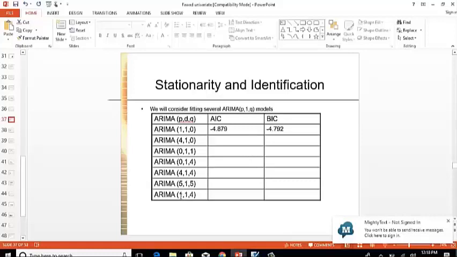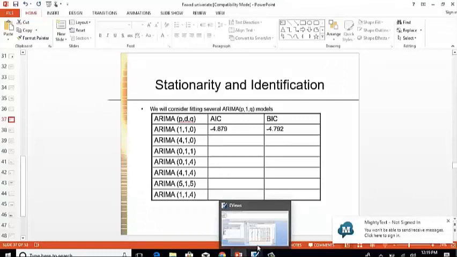This indicates AR1 MA4. So you write down each and every equation's AIC and BIC value, meaning the Schwarz value. Out of all of these, if the AIC value is the smallest and the BIC value is the smallest, we will take that equation.